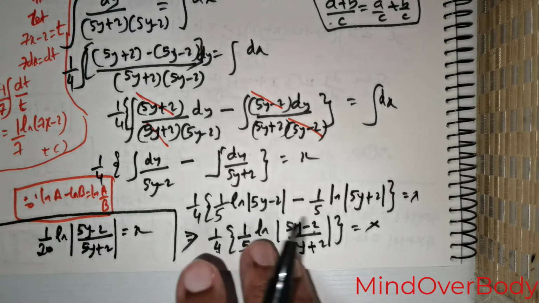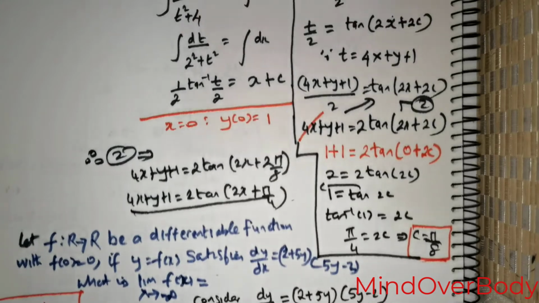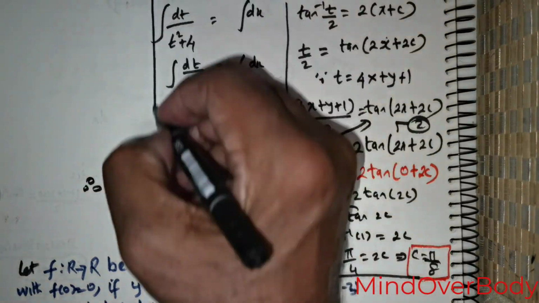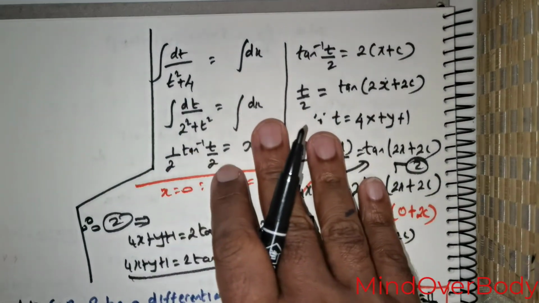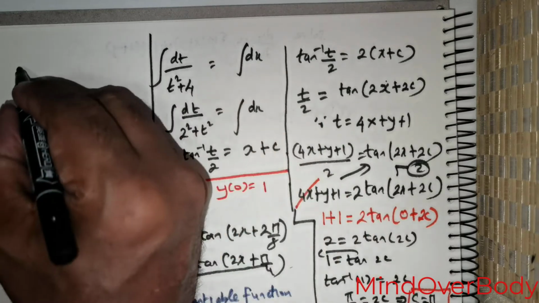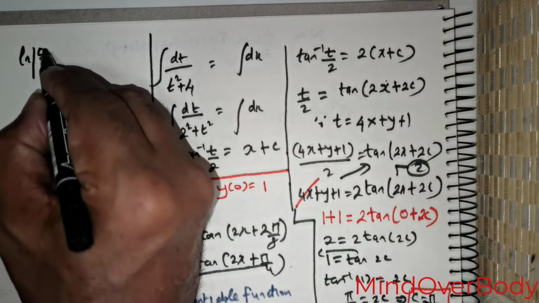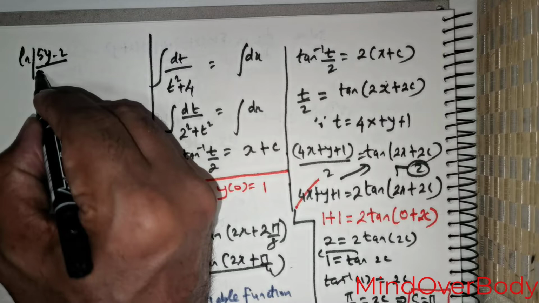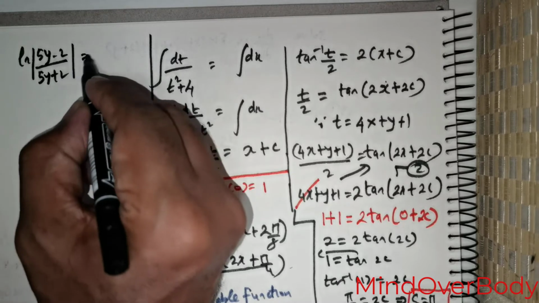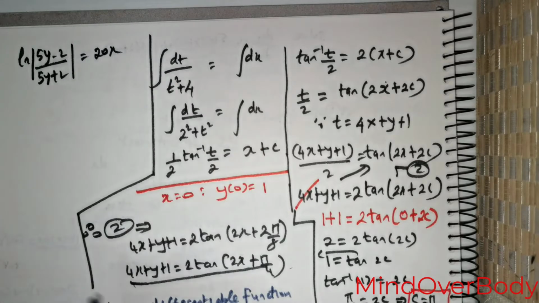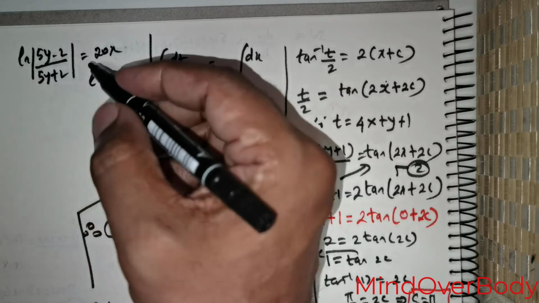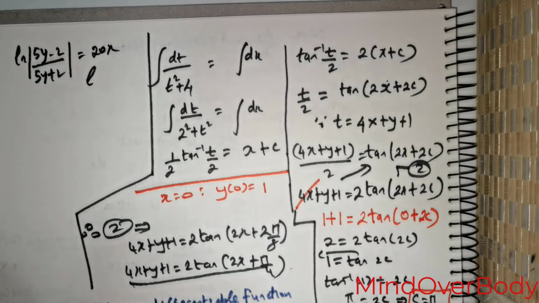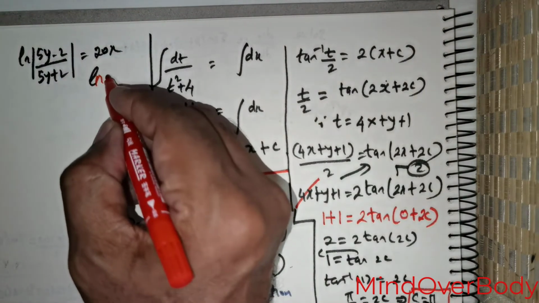I can cross multiply. Now if I write a cross multiply, let me use this space here. So that would give me ln of 5y negative 2 divided by 5y positive 2 is equal to 20 times x. Now we know there is a property in logarithms. So what is that? You have something like this.